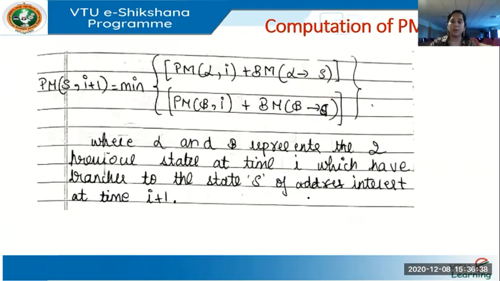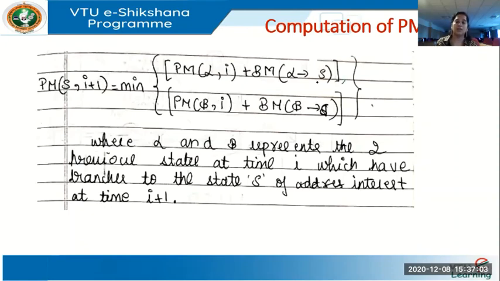How do we compute the path metric? As shown, the path metric for state S at time I plus 1 is the minimum of the path metric from state L at time I plus the branch metric from state L to S. It's the same equation which we wrote before, only written in a different form.